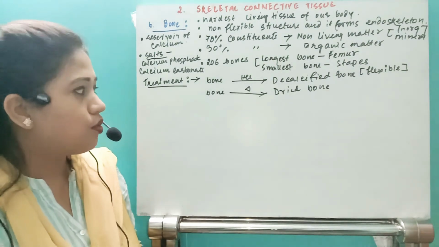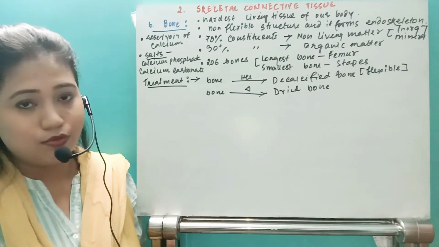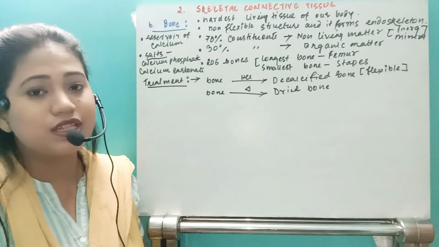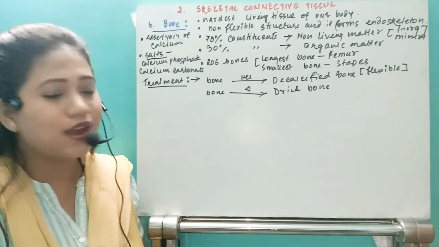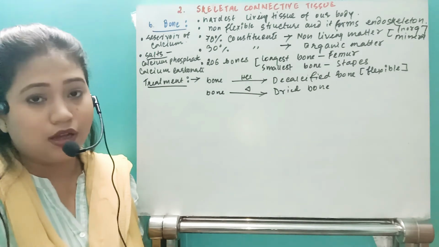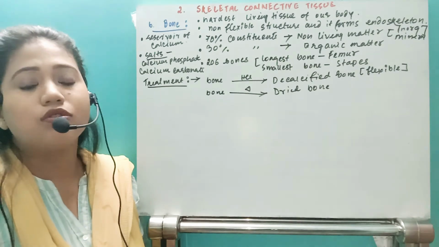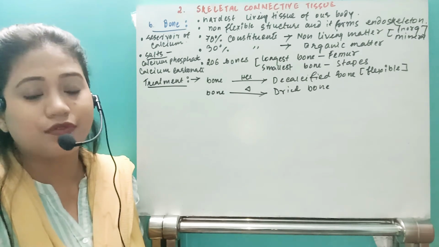So those are the two differences, decalcified and dried bone. We have to know the differences between them. If it is decalcified bone, then all the living components, the cells and the bone marrow, will be intact, right? Only the calcium is removed and it becomes flexible.